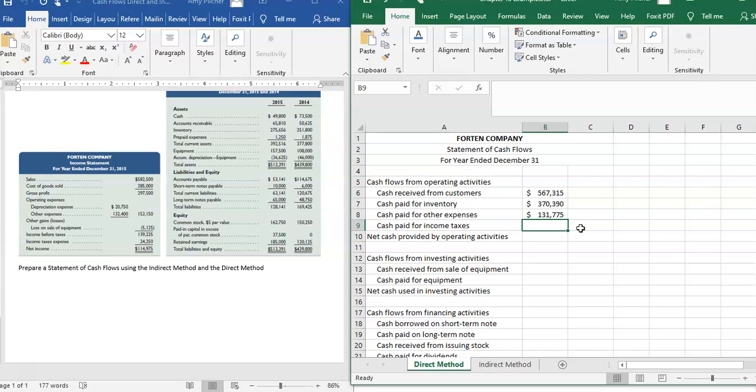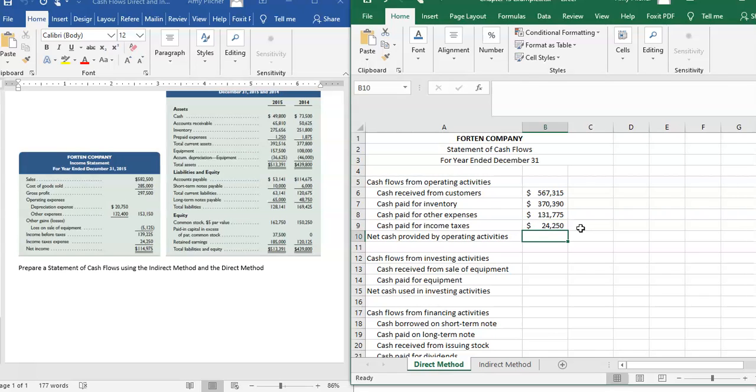The last thing that we're going to add to our operating section is our cash paid for income taxes. We have an income tax expense of $24,250. We do not have an income tax payable on our balance sheet, so all of that was paid in cash. So $24,250.